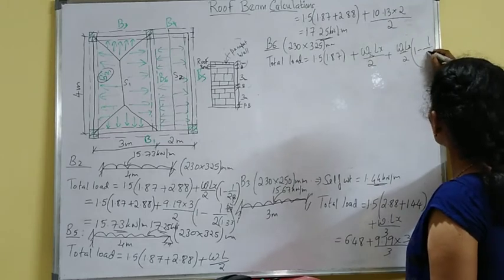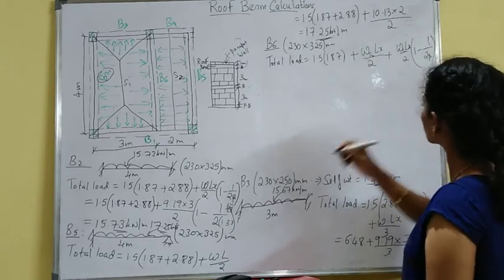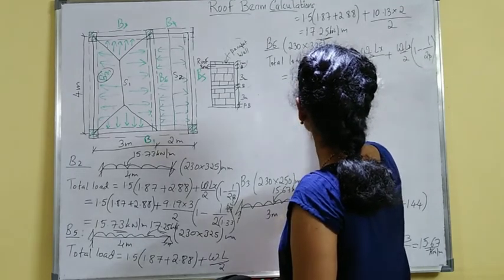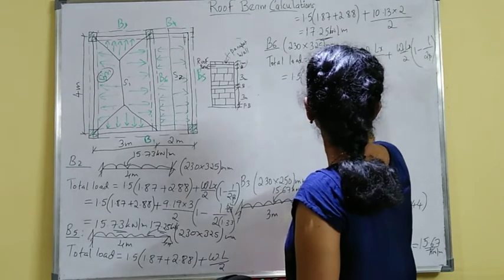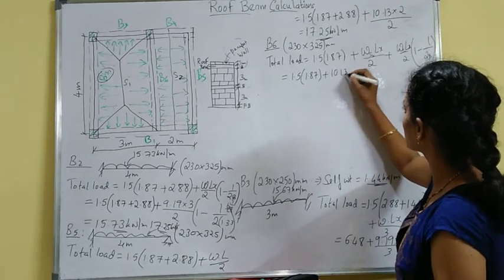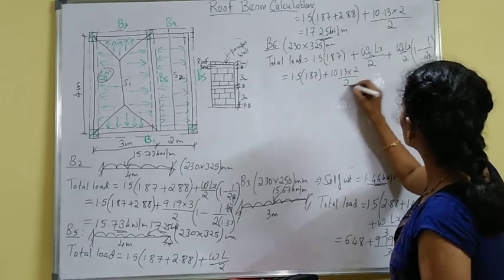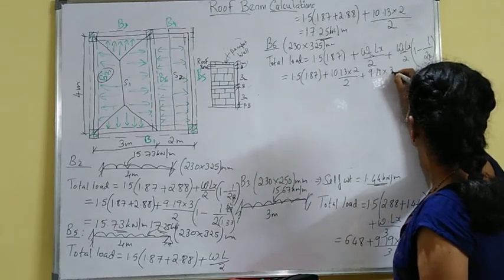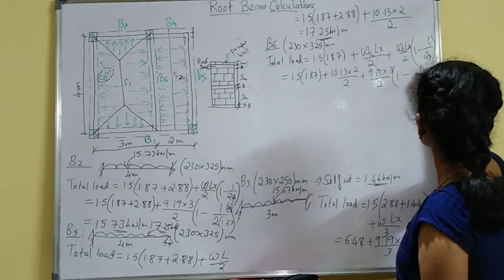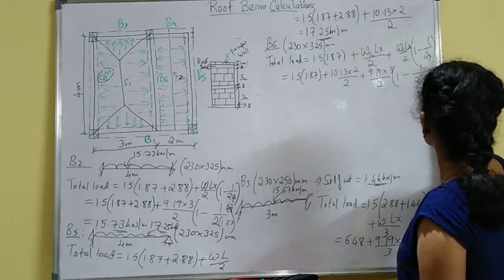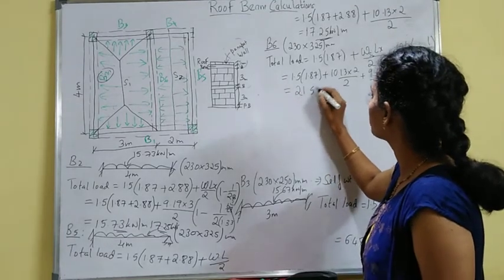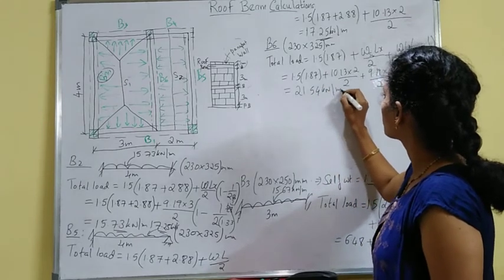Substitute the distribution, so 10.13 into 2 by 2 plus, this is S1, so 9.19 into 3 by 2, 1 minus 1 by 2 beta. Calculate, we will have 21.54 kilonewton per meter.